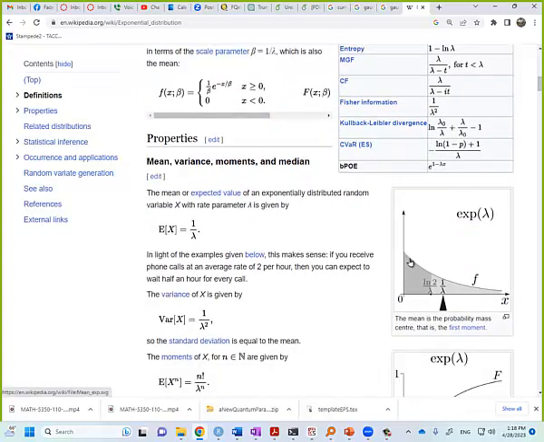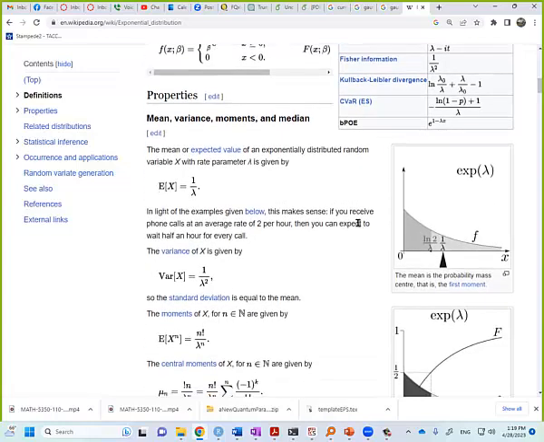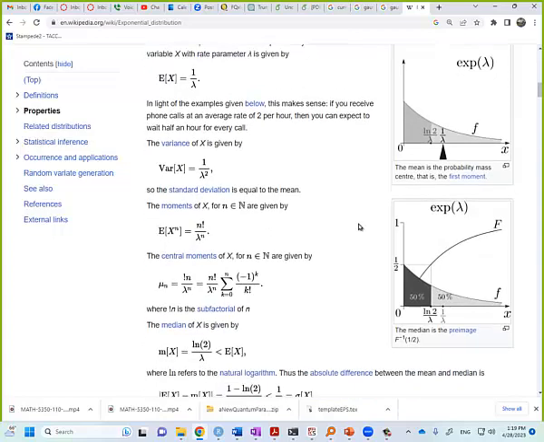For the exponential distribution, the probability is given by the area, and for this reason we are using an integral.